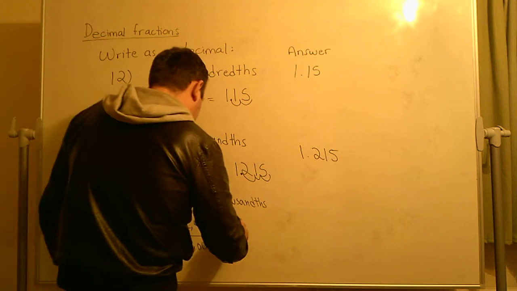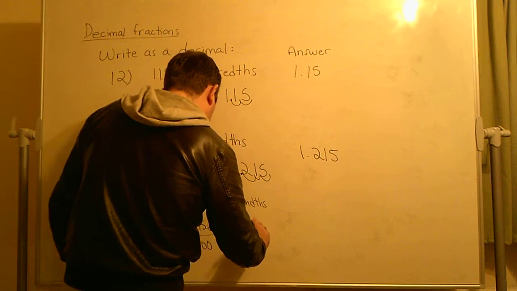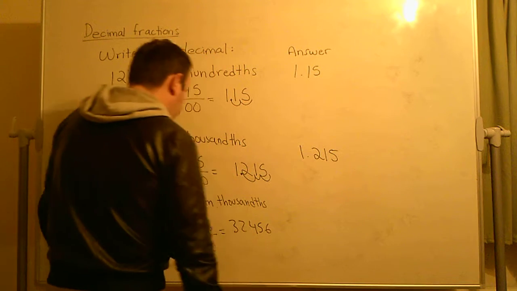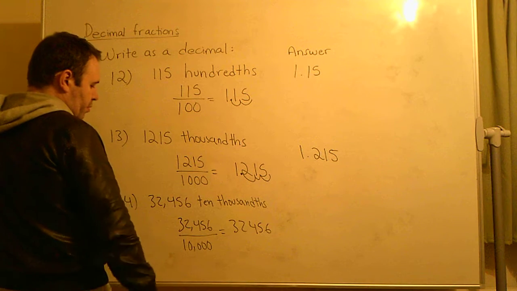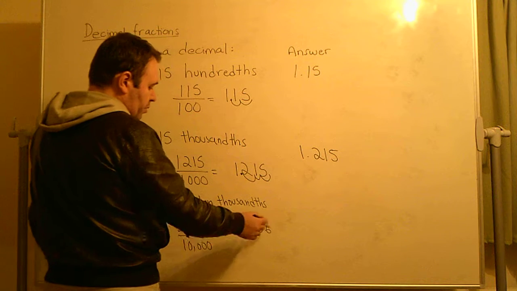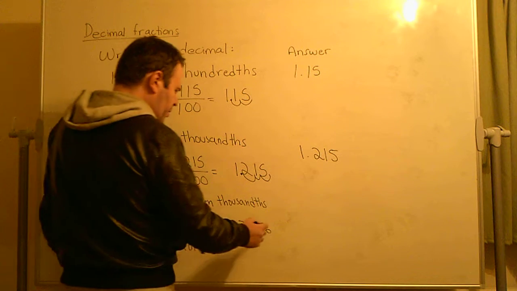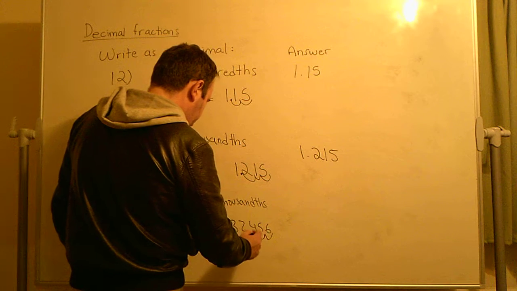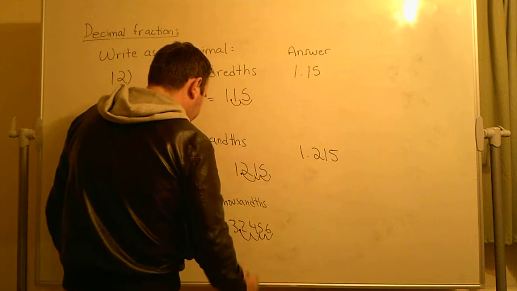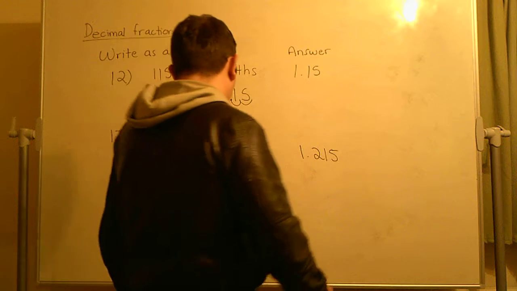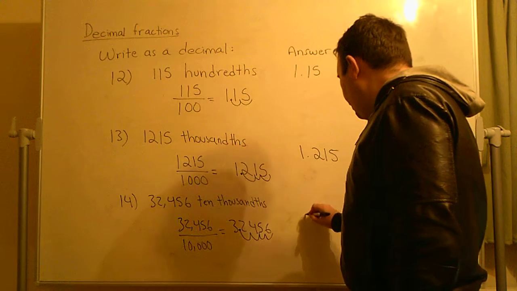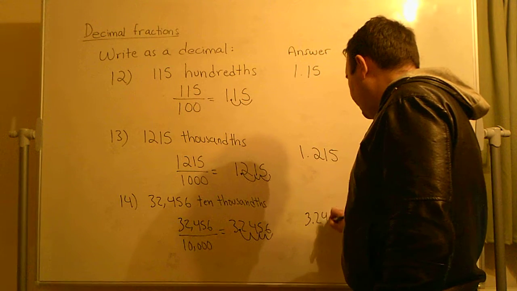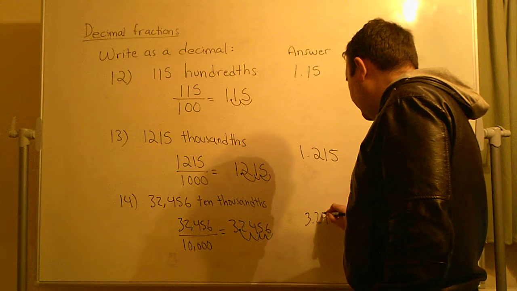So we write it down like this, and then how many zeros do we have? 4. So how many places do we have to move the point to the left? 4, yeah? 1, 2, 3, and 4. So the answer would be 3.2456.